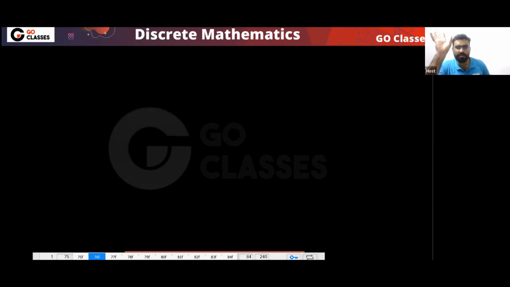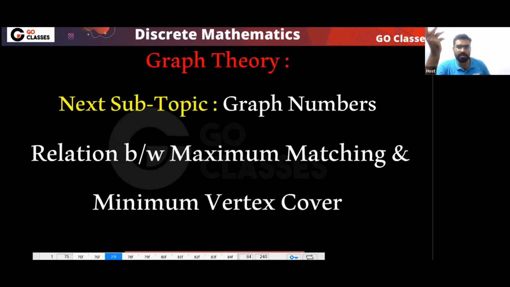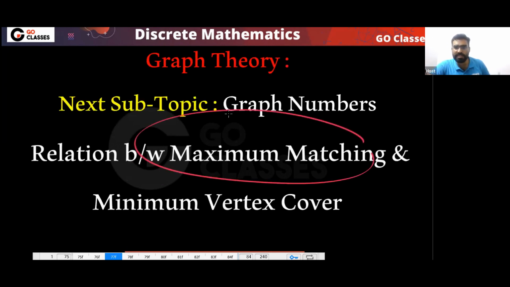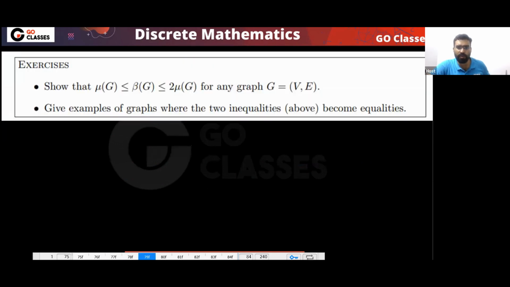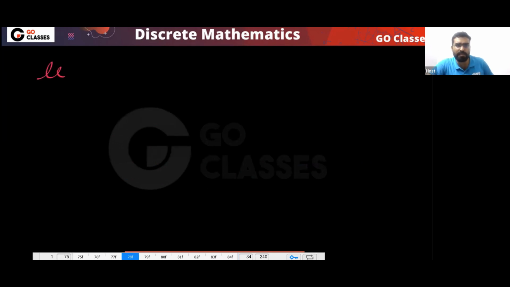Okay, clear? These are very simple things. So the maximum matching and the minimum vertex cover, what is the relationship between them? We have already seen that this is the maximum matching, this is the matching number.